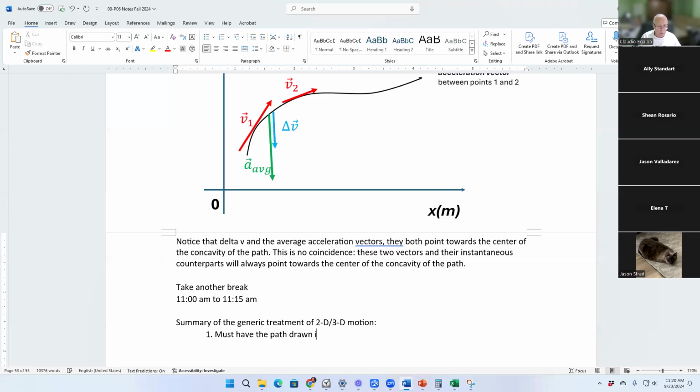Two, the instantaneous velocity vector will always be tangent to the path, okay?